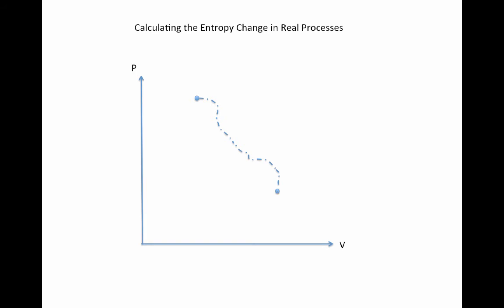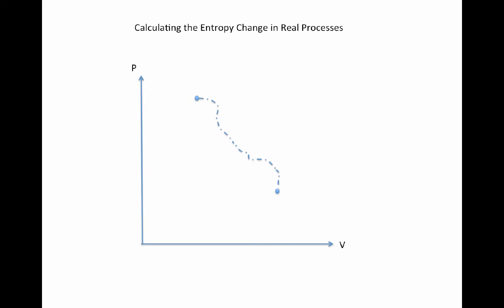Now, real processes are irreversible. They happen by some route that we can't even really draw on the PV diagram because irreversible processes are not characterized by a single value of pressure and volume at any given time. But if we take a real-life process and we want to calculate the change in entropy, all we have to do is imagine traveling between the initial and final states by some combination of reversible processes.